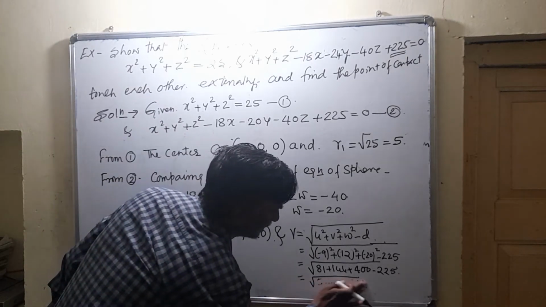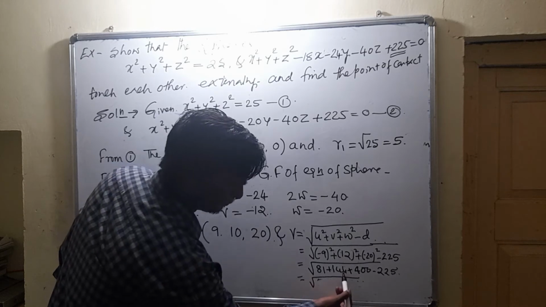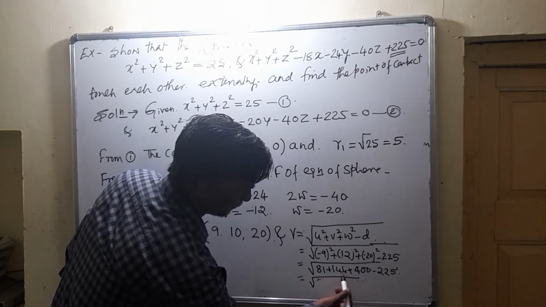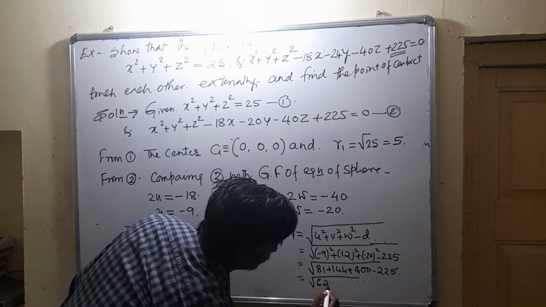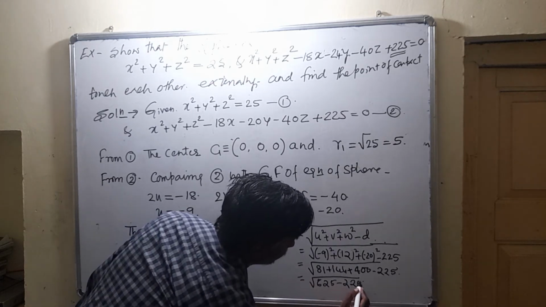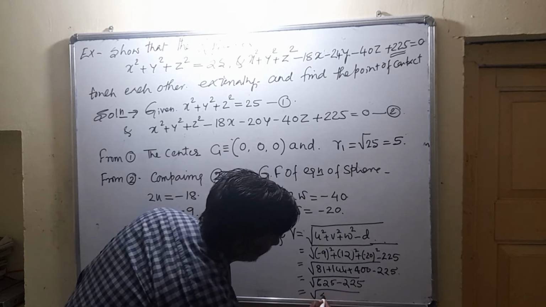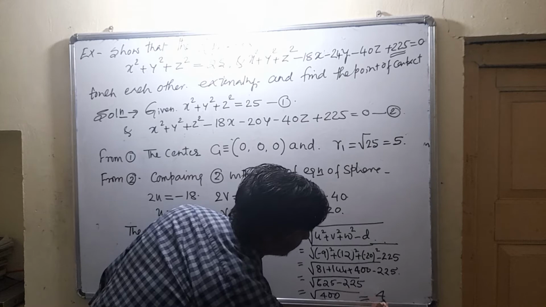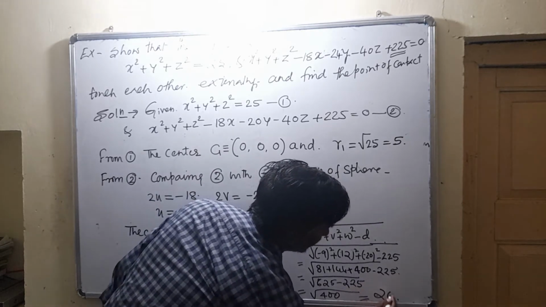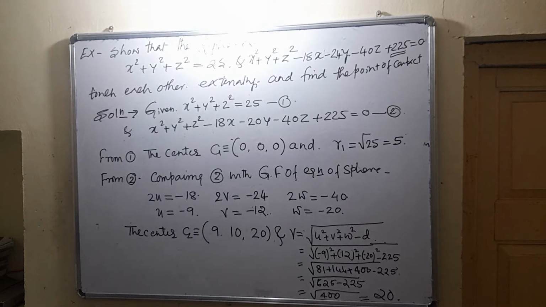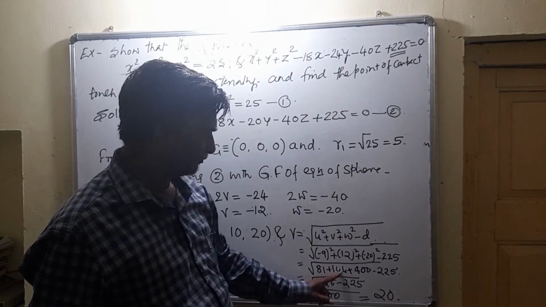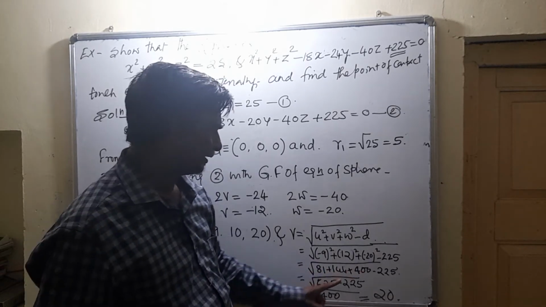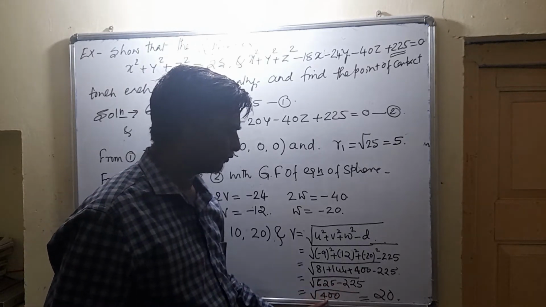So 144 plus 81 plus 400 is 625. 625 minus 225 equal to 400, and the square root of 400 is 20.